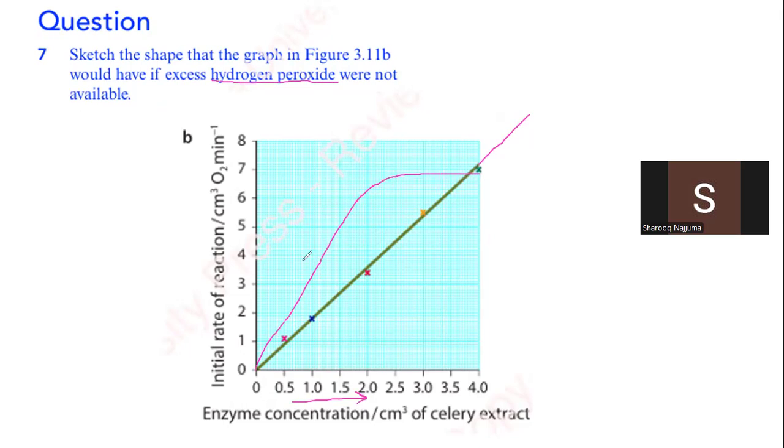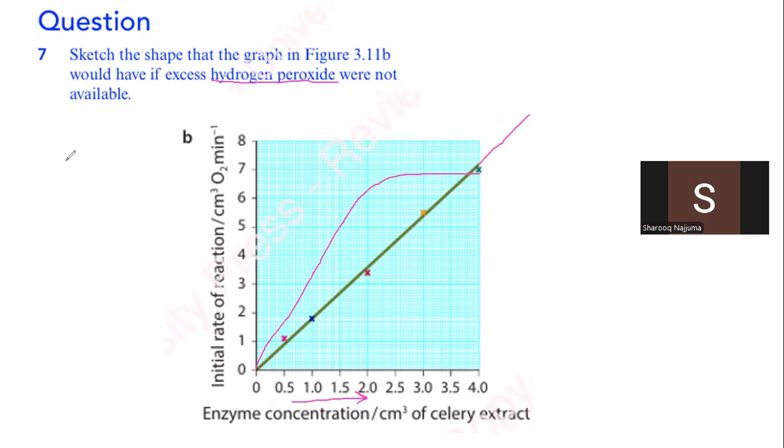So we would expect this curve, or the initial rate of reaction, to increase with increase in enzyme concentration, but then later with much more enzyme concentration, we'd expect the curve to flatten. So that is how enzyme activities are affected by substrate concentration.